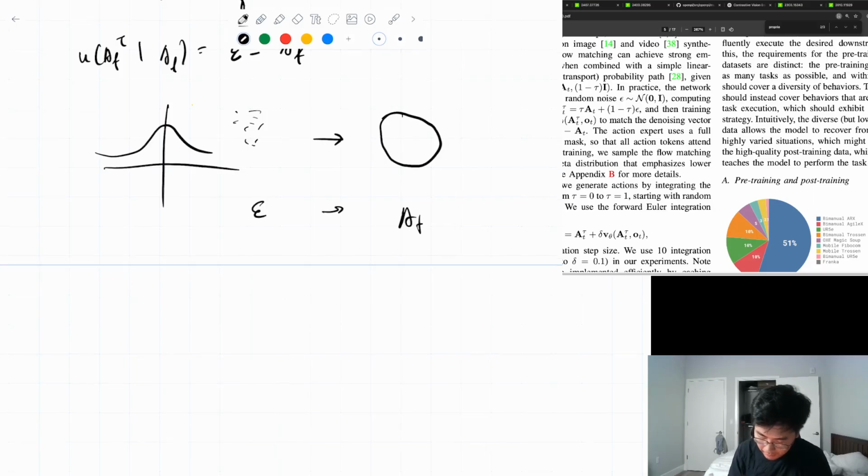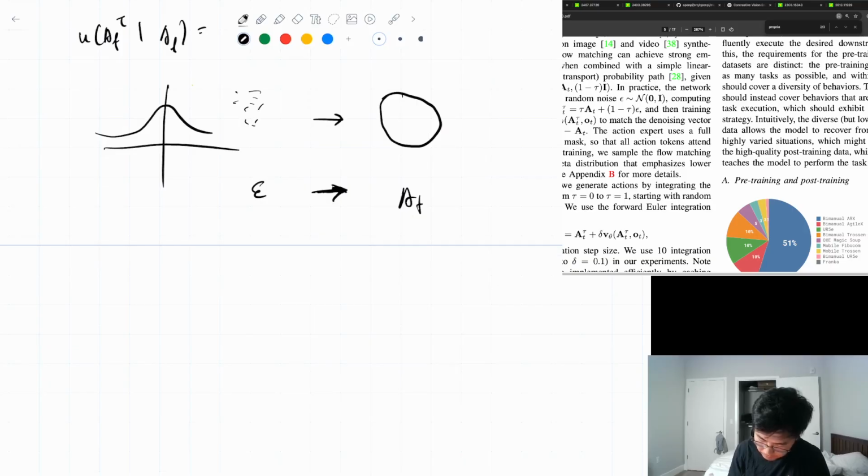And so how do we go from epsilon to AT? Well, it is simply the difference between AT and epsilon. That's our ground truth. This arrow is what we want our model to learn. How do we go from epsilon to AT? It's just plus AT minus epsilon. So this vector is just AT minus epsilon.